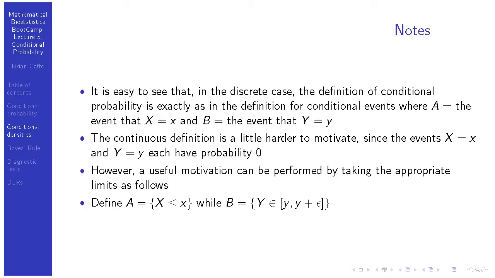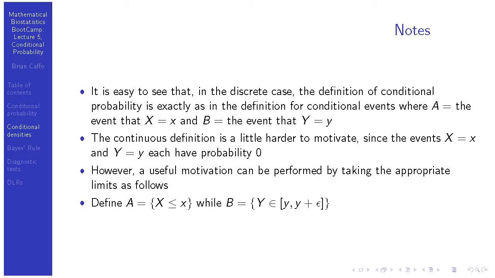Well, here's the motivation that I like. Imagine you define the event A that the random variable X is less than or equal to a specific value, little x, and the event B is that the random variable Y lies in the interval from y to y plus some small amount, say epsilon. Then A and B are events that have positive probability, and we can apply our standard definition of conditional probability to talk about the probability of the event A given that the event B has occurred.